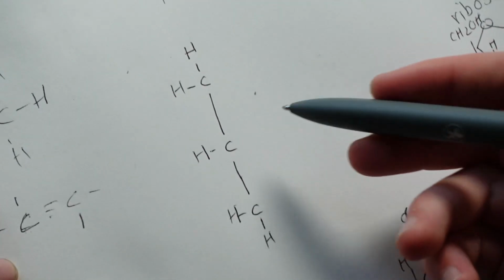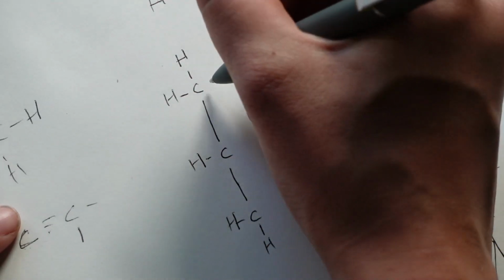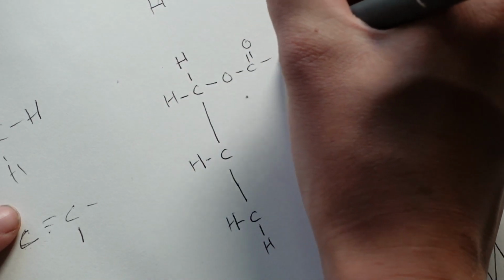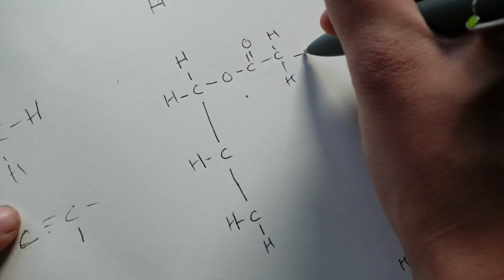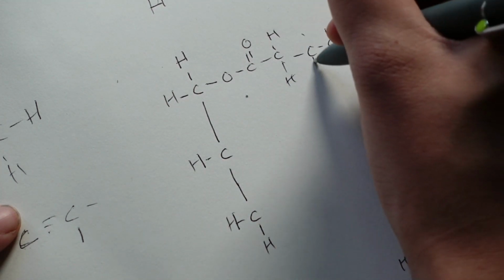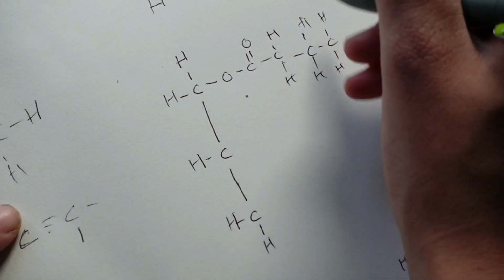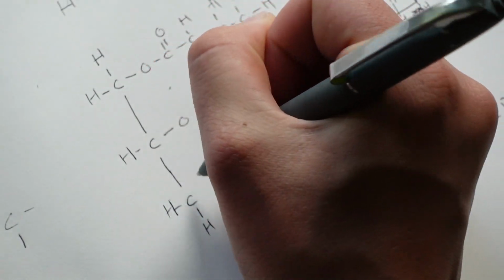So that's the glycerol molecule, and then because it's a triglyceride, I'll give it 3 fatty acid tails. O, C, C, H, H. And as you know, it can be however long. I'll just make it short because I don't have enough space. And there it goes.